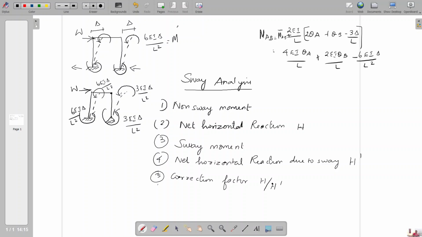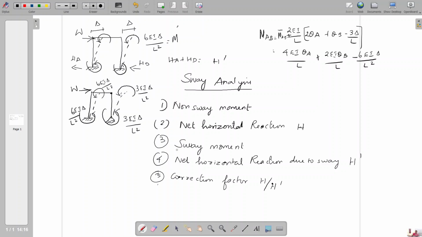It will not be the same magnitude, there will be some difference, HA and HD. So we get the net horizontal reaction as HA plus HD if it is the same direction, or HA minus HD if it is a different direction. Here I am considering both are towards the left side, so I have added this quantity HA plus HD. So this is H. It is from the non-sway analysis.